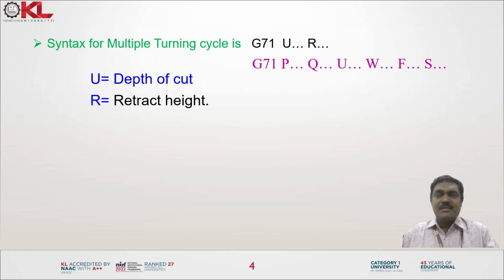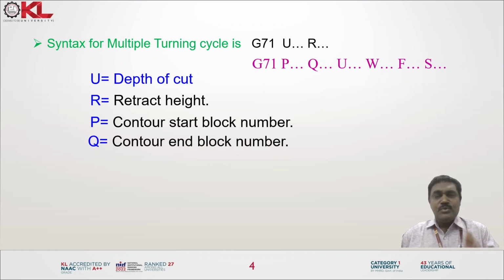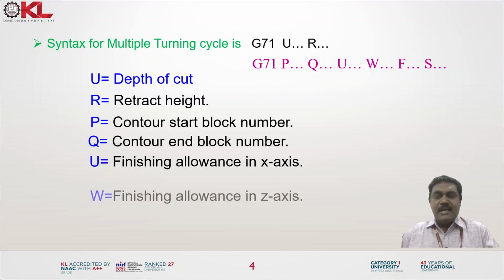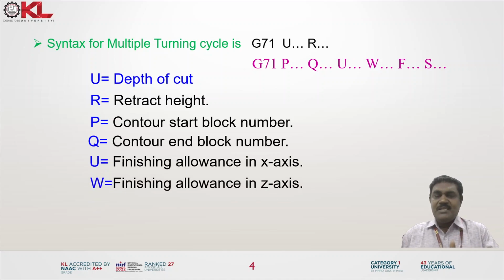R is the retract height, and P is the contour. So for the multiple turning cycle, the contour beginning and ending block numbers we can mention here. P is the contour start block number and Q is the contour end block number. So in between these two block numbers, the entire process is cycling. Next, U is the finishing allowance in x-axis and W is the finishing allowance in z-axis.